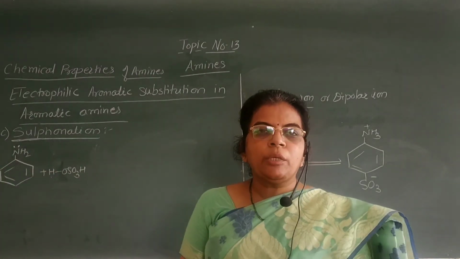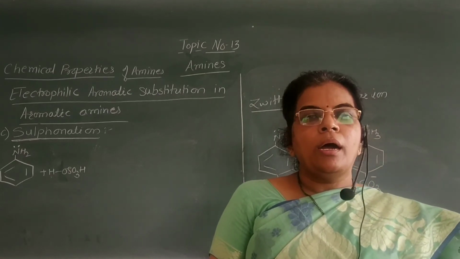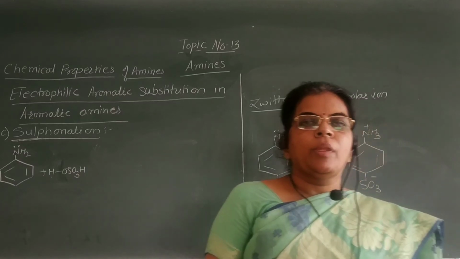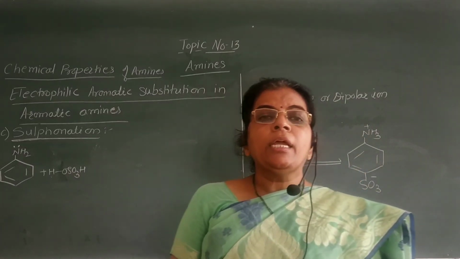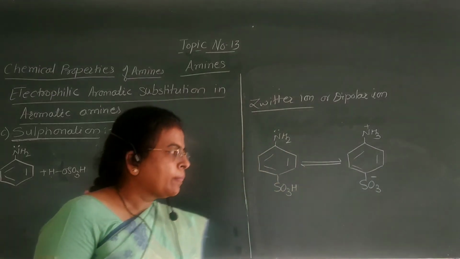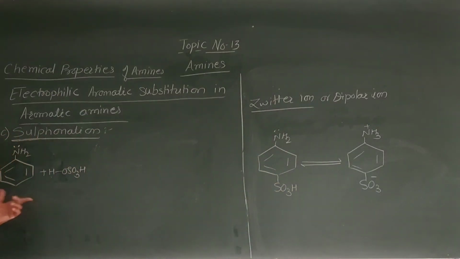The last electrophilic substitution reaction of aryl amine or aniline is sulfonation. Here, when aniline is treated with concentrated sulfuric acid, this aniline possesses an NH2 group which has a lone pair of electrons, and therefore it is basic in nature, and this is concentrated sulfuric acid.